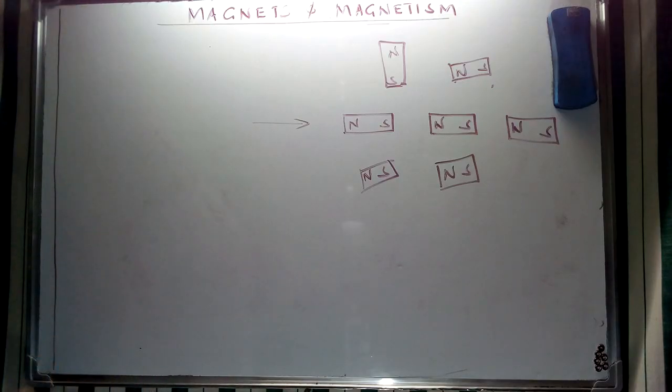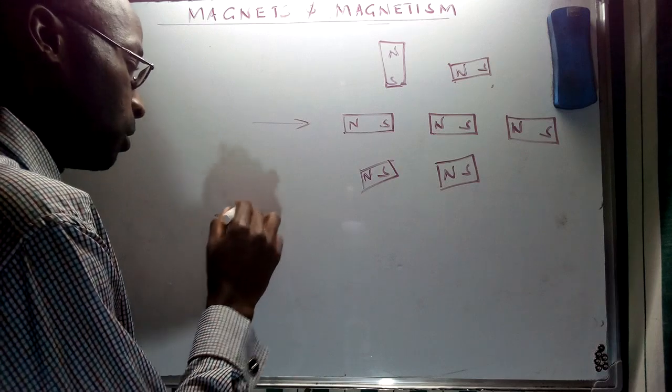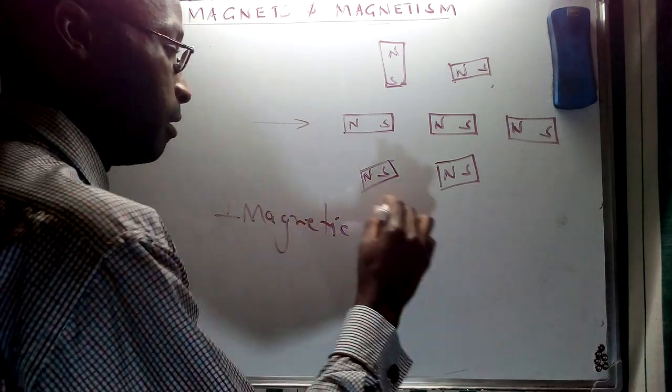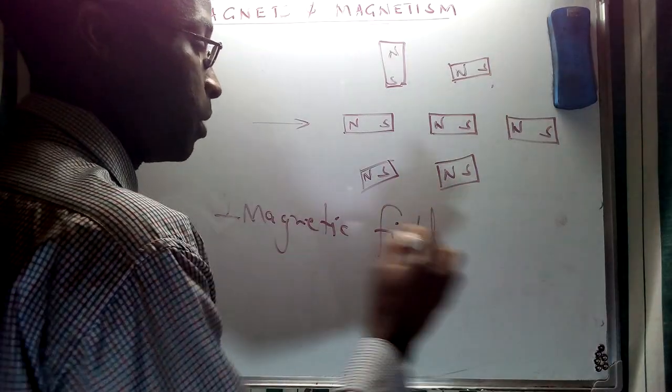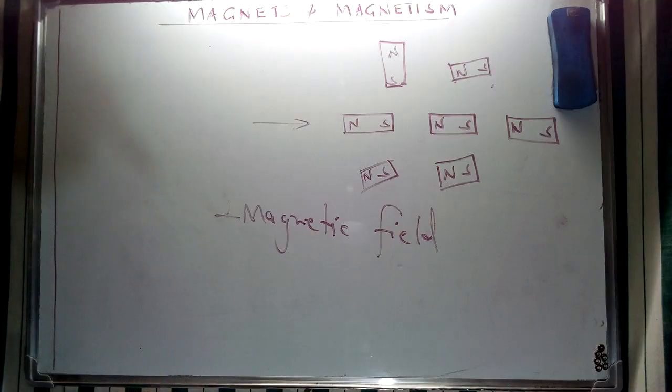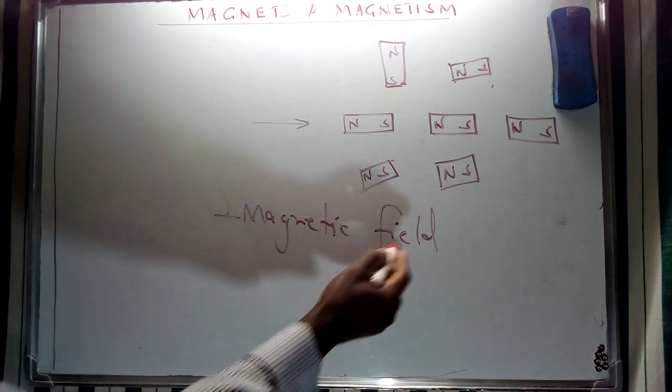Now we're going to have other topics which we are going to advance in trying to explain how we can quantify these characteristics of a magnetic field that I've talked about as part of our discussion in this video. So this is going to be one of the vector fields that we said was part of the vector fields of the gravitational field, the electric field, and the magnetic field in this particular case.